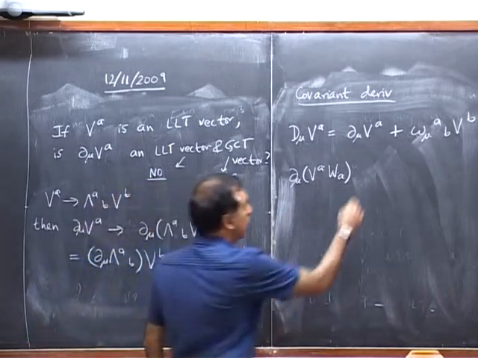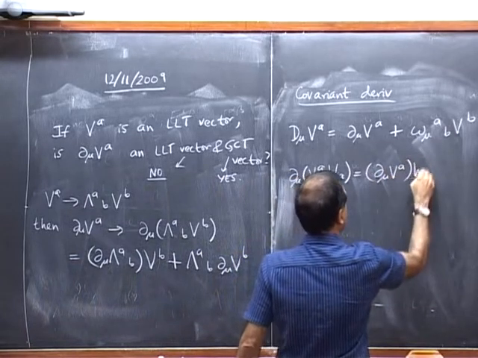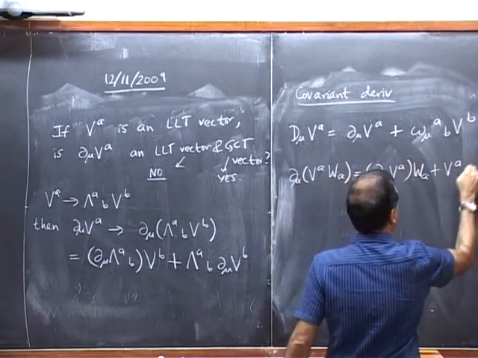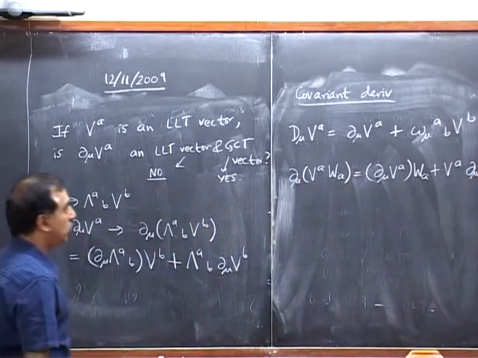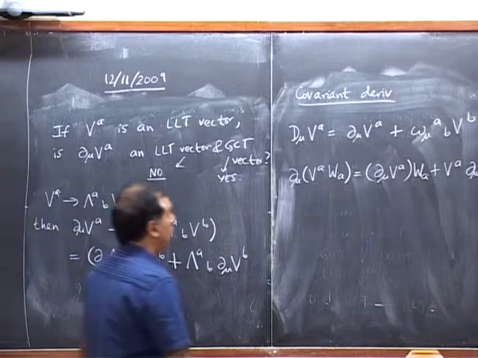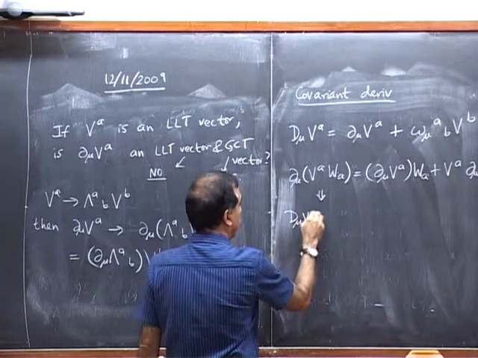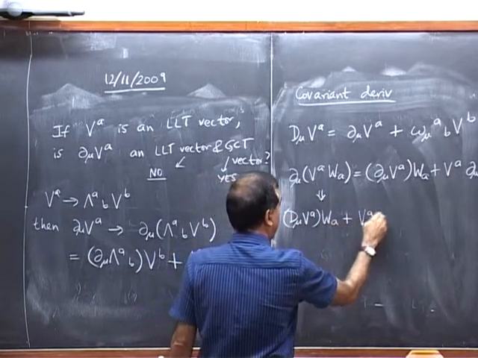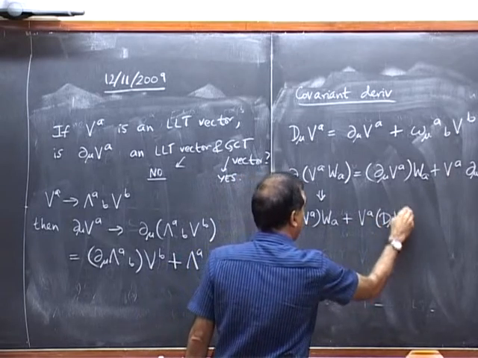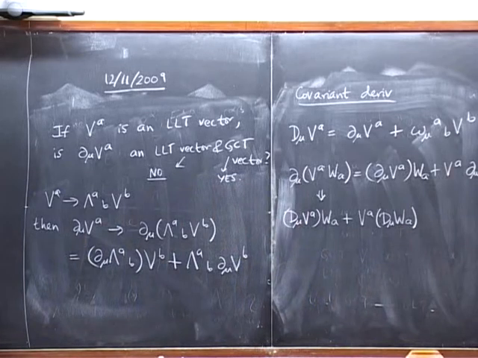So d mu of it should be d mu VA times WA plus VA d mu WA. Now, we also want this to distribute as capital D mu of VA into WA plus VA capital D mu of WA. This is exactly how things worked when we were doing general coordinate transformations.